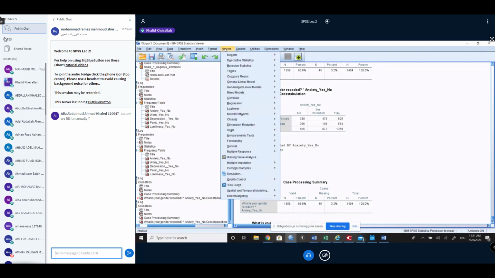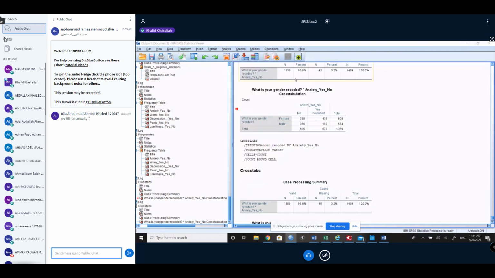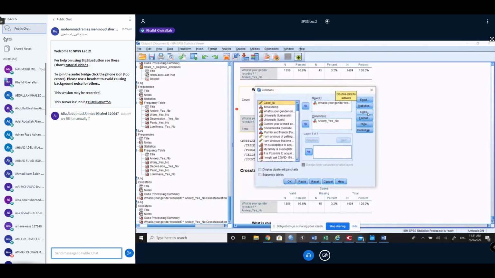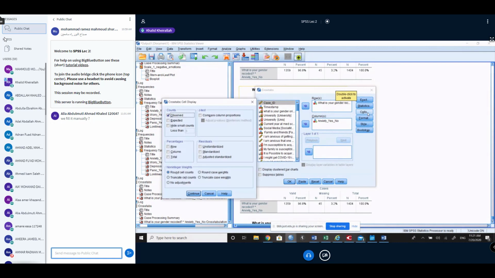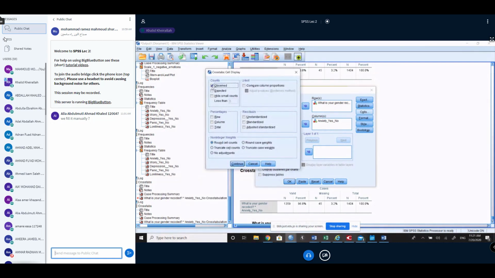We can do that by doing analyze, descriptive, crosstabs. Okay, we want to do cells. It can give you the observed and expected counts.